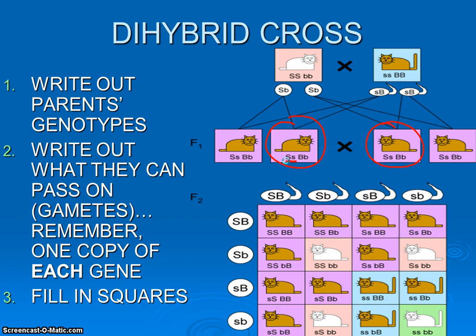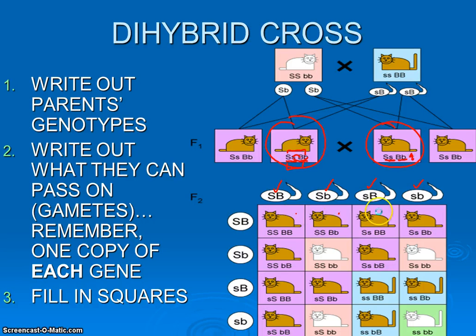Each parent has to give an S. Each parent has to give a B. So if we FOIL this guy, he could give a big S with a big B. That's right there. Big S with a little b. That's right there. Little s with a big B. There it is. And little s with a little b. Bang.